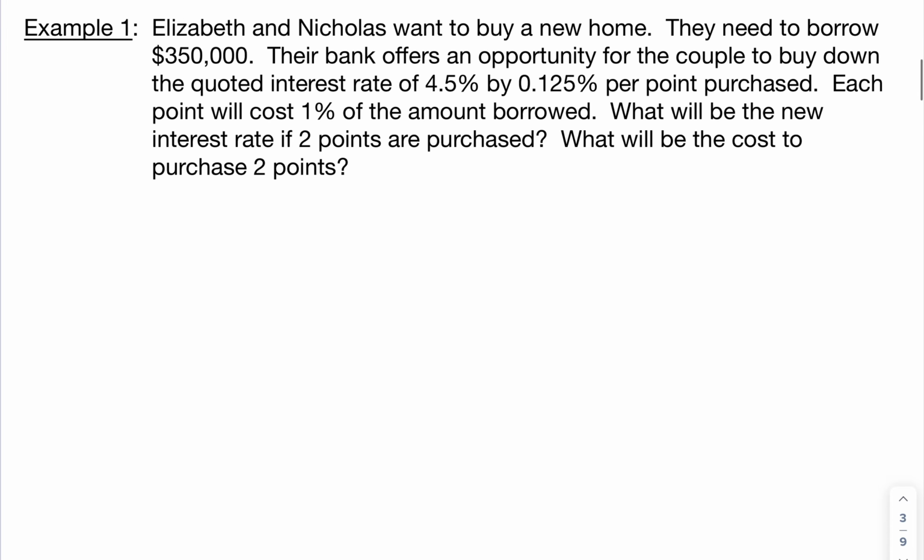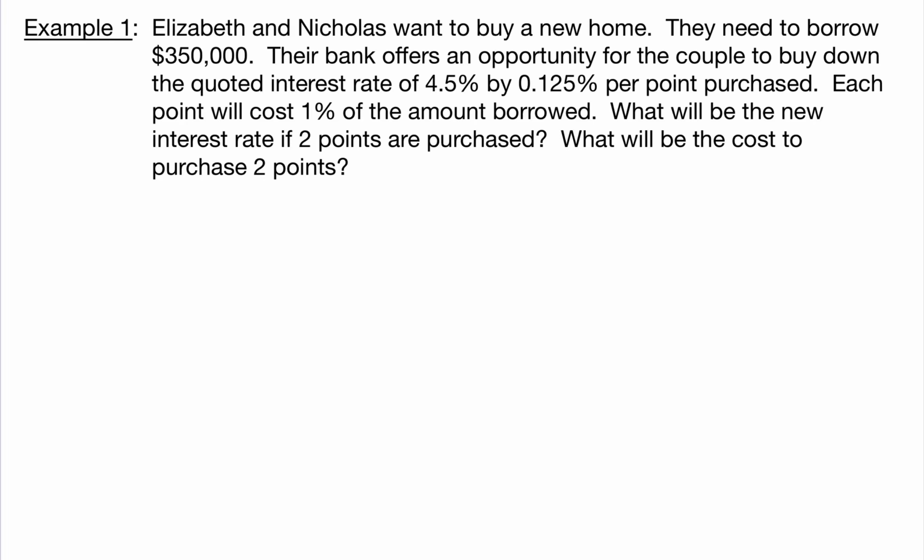Okay, so let's go ahead and take a look at example one. So we have a couple, Elizabeth and Nicholas. They want to buy a new home and they need to borrow $350,000 to do so. Their bank offers an opportunity for them to buy down the quoted interest rate of 4.5% by 0.125% per point purchased.